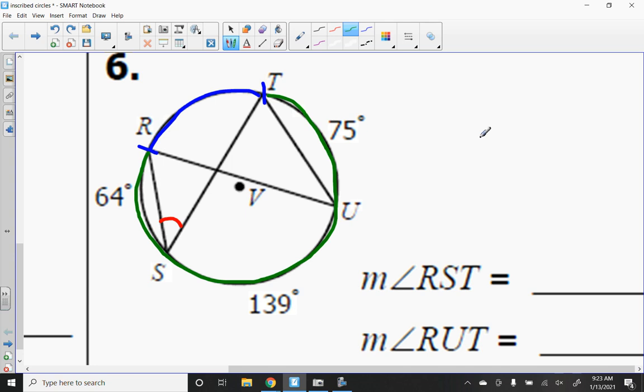And I'll take 360 minus 139 minus 64 and minus 75. And I now have the arc that I need. Now this angle is associated with this arc, but remember it's inscribed and it's half. So it's 41.